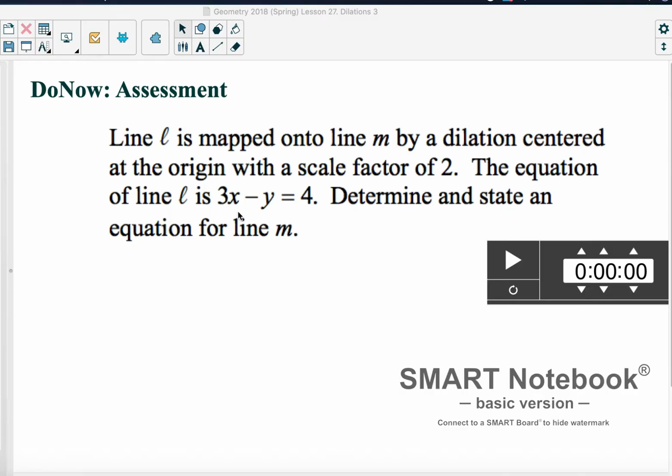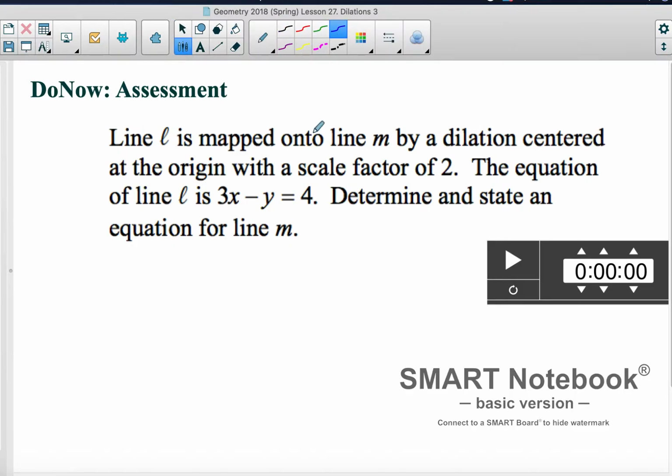So before you do anything, I think the best thing to do would be to get this into y equals mx plus b form. So let's go ahead and do that. To do that, I'm actually going to add this y over so it becomes positive, right? And those will cancel out, and I'm going to add it to this side, and I'll be left with 3x equals y plus 4.